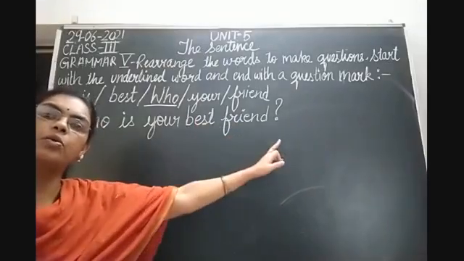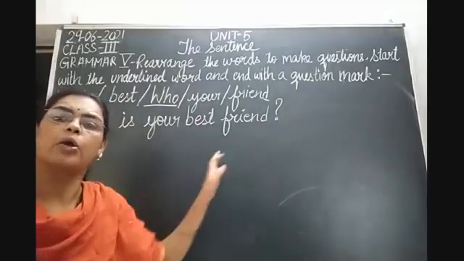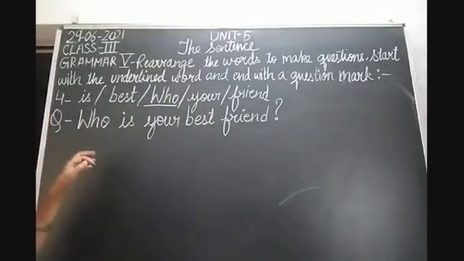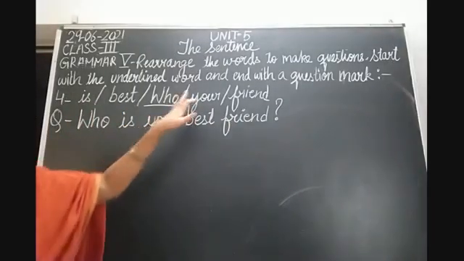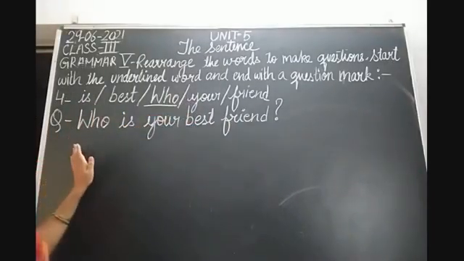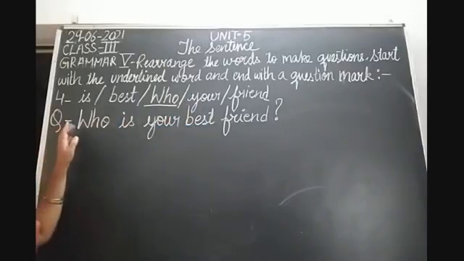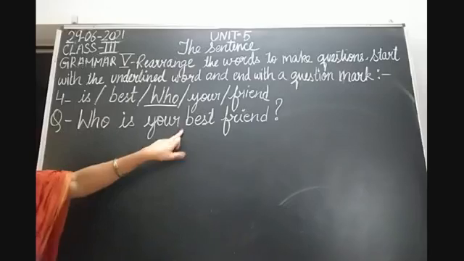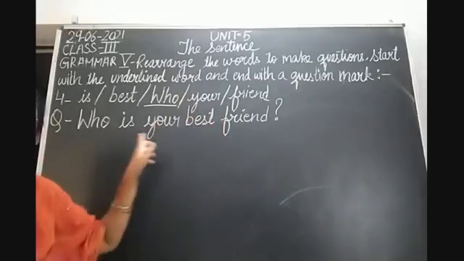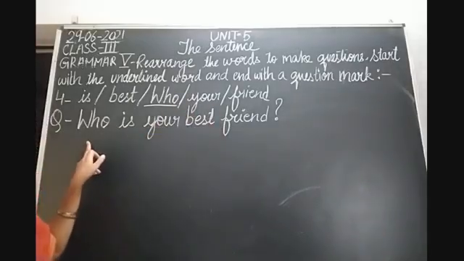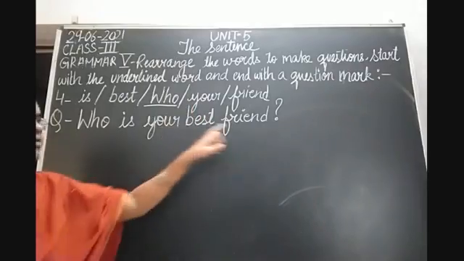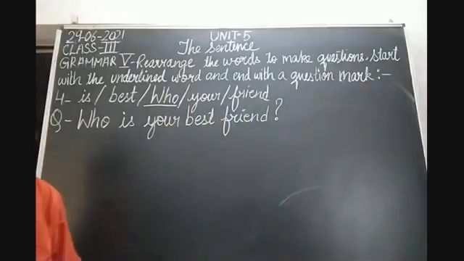At the end what have we put? We have put a question mark. Is best who your friend? What will be our question? Who is your best friend? Always keep in mind, count the words 1, 2, 3, 4, 5. There were 5 above, and there are 5 in our question too. We have begun our question with a capital letter. We have ended with a question mark.